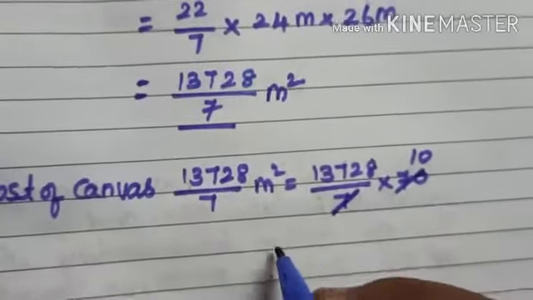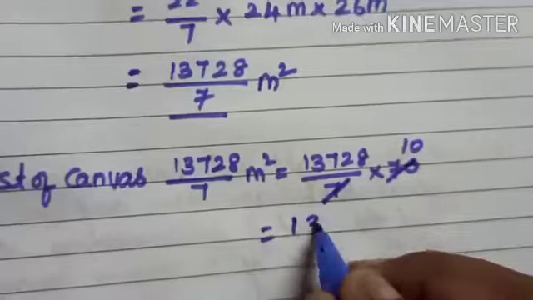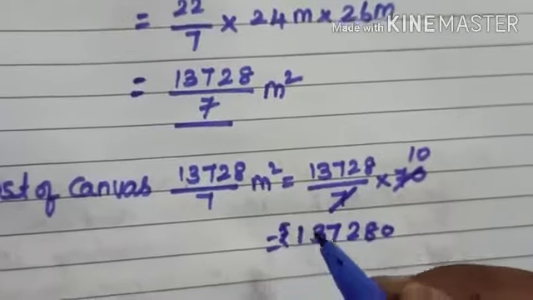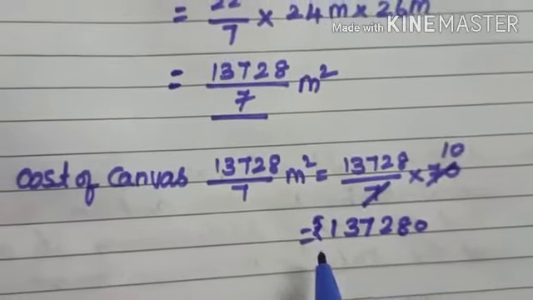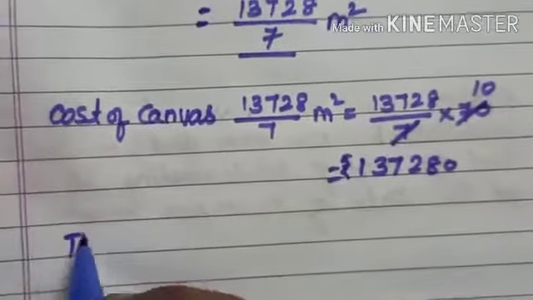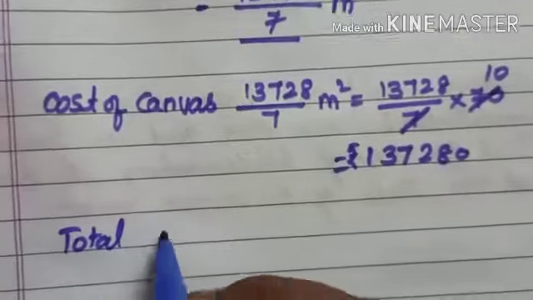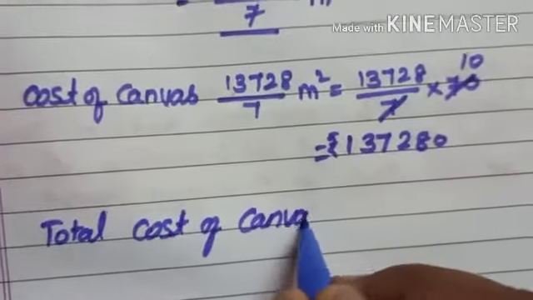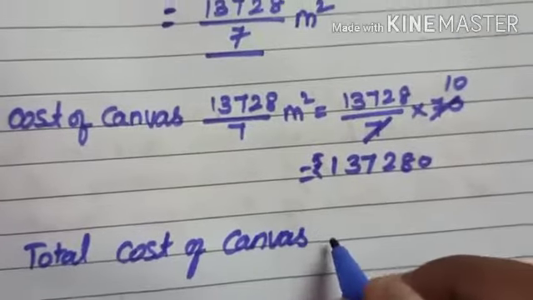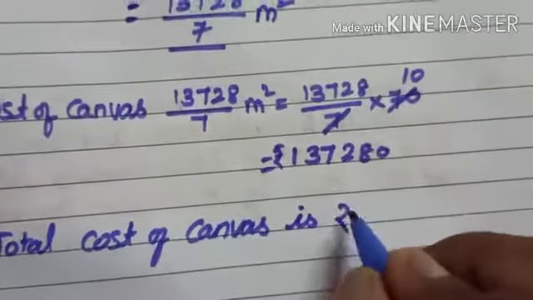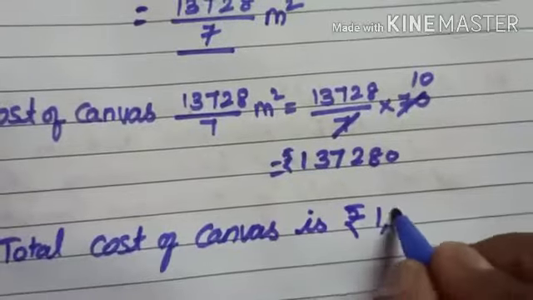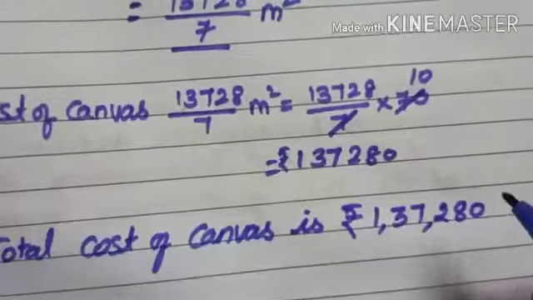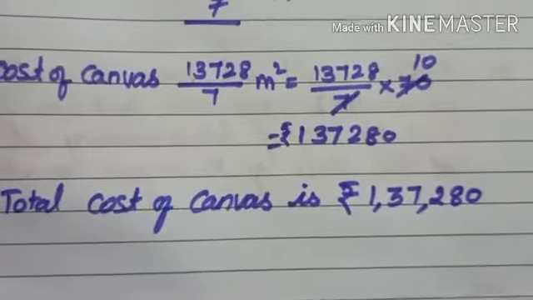You multiply this, you get 1,37,280. So what is the cost of canvas? The total cost of canvas is rupees 1,37,280. So this is the total cost of the canvas.